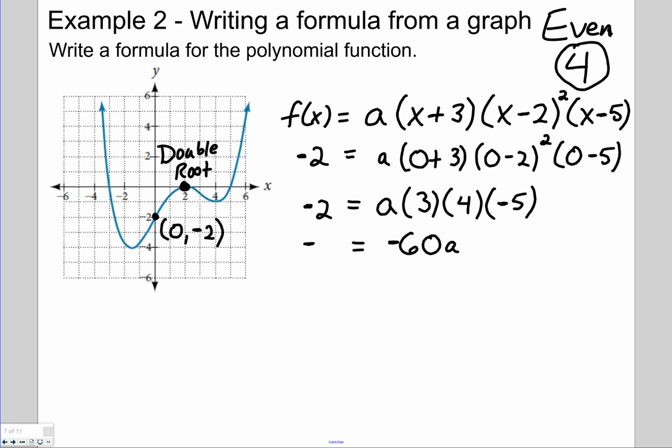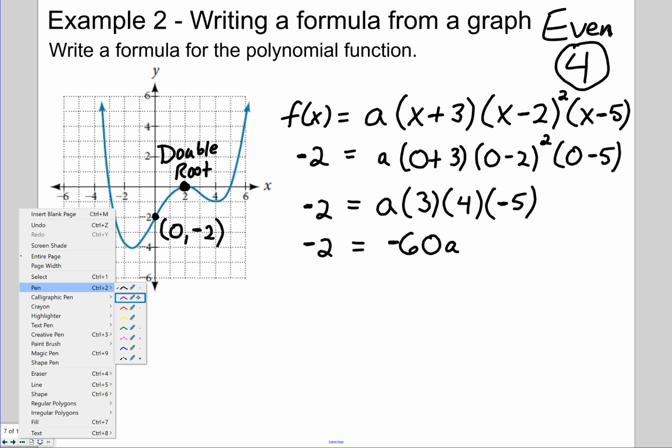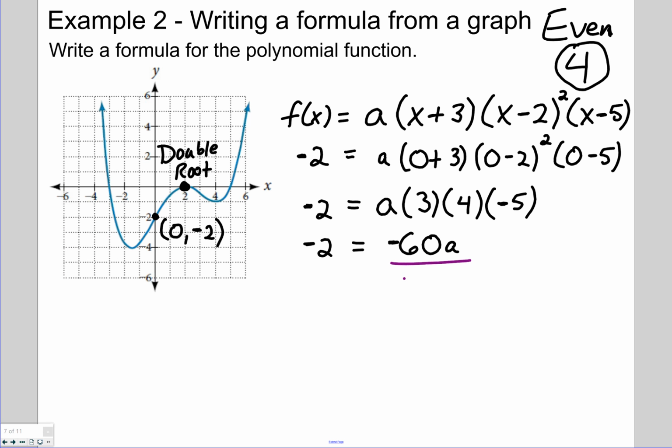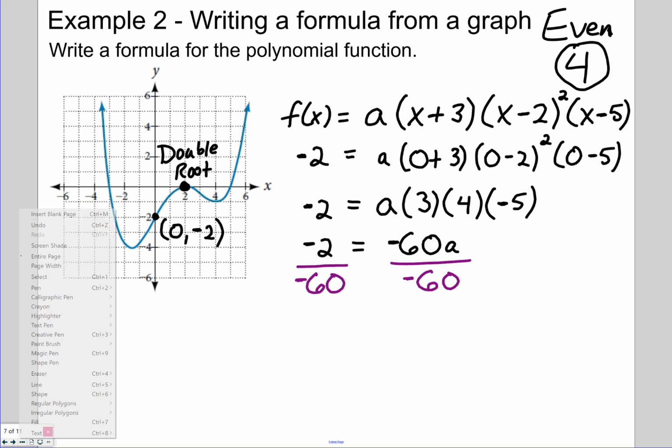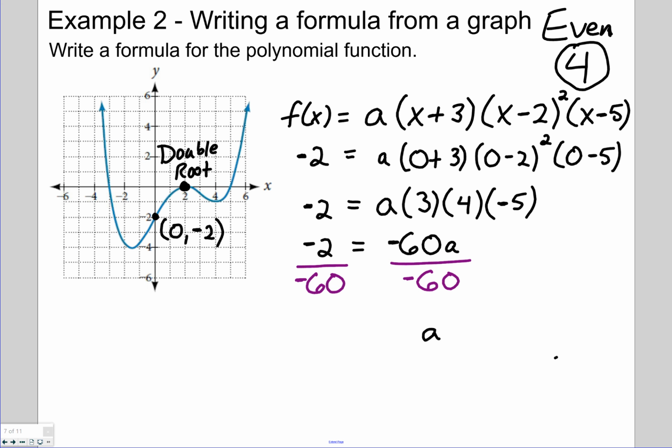So we have -60 times A equals negative 2. So if I solve for A, what am I going to do to both sides? Divide by negative 60. And you'll notice a negative divided by a negative will give me a positive. And how are both of my arrows going? They're going which direction? Up, so that A better be positive. That's another check you can make if you mess up at the end.